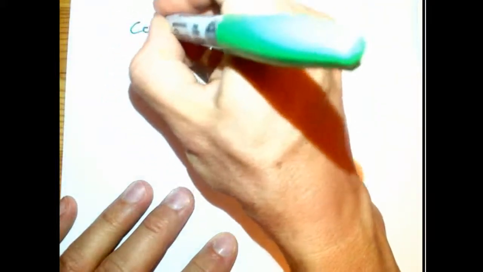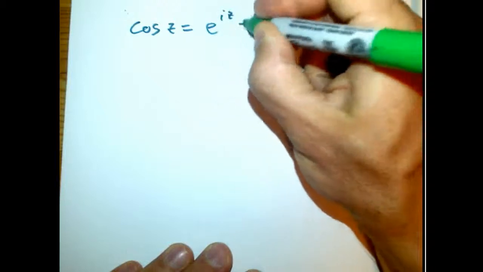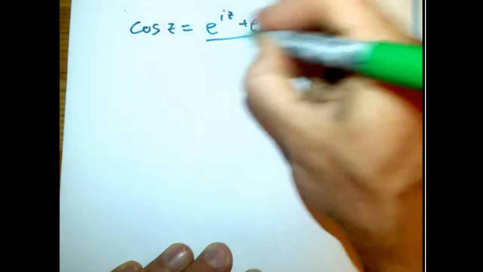It allows us to define the cosine, for example, of a complex number. And then the question is sort of, why would you want to do that? I'm not going to get into the super cool uses of that. That's a little more advanced complex analysis. Cosine z, you just define it to be e to the iz plus e to the minus iz over 2.